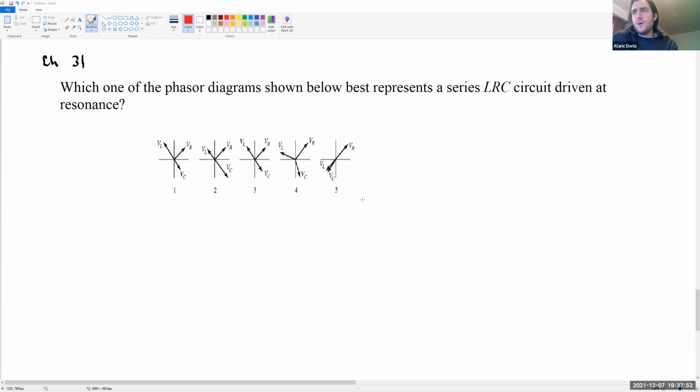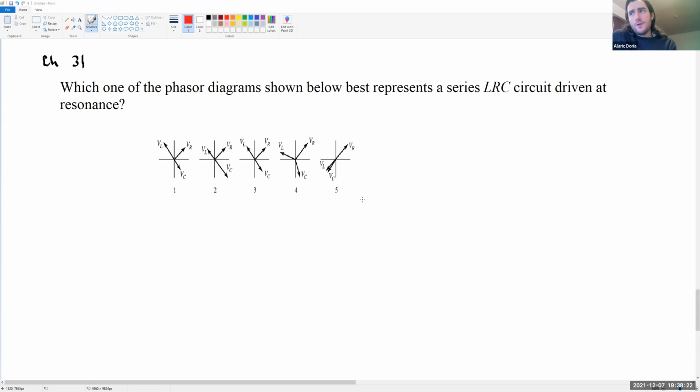In options 1, 2, and 3, the phase angle between the inductive voltage and the capacitive voltage is 180 degrees. In option 4, it looks like the voltage on the inductor and the voltage on the capacitor are the same, but they are out of phase by 240 degrees. Excuse me, 120 degrees. Probably should take the smaller of those angles.